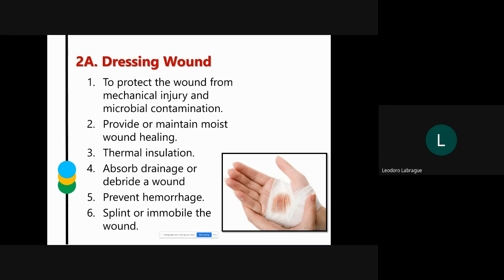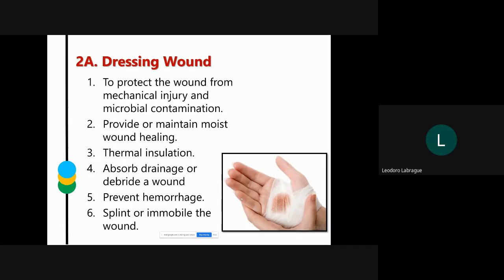Number 2, to provide or maintain moist wound healing. Number 3, thermal insulation. What is thermal insulation? If you have open skin, normally, what will happen? It doesn't have thermal protection because it's an open wound. And it is very risky for extreme temperature. That's why you need to cover it with a gauze.